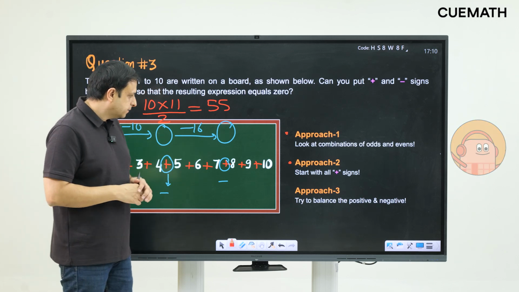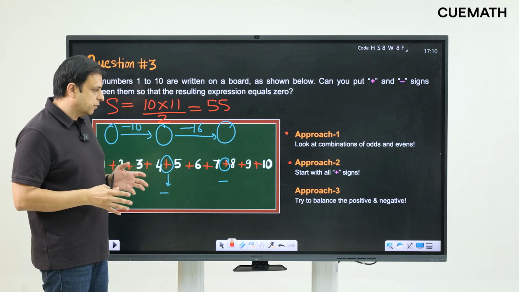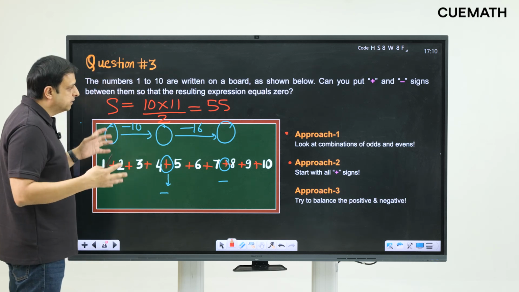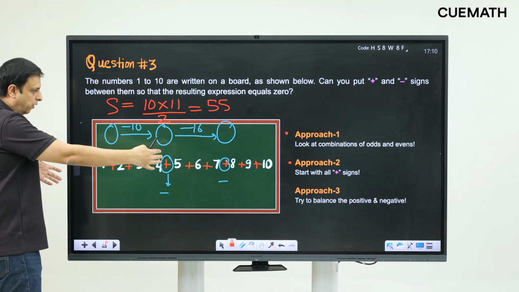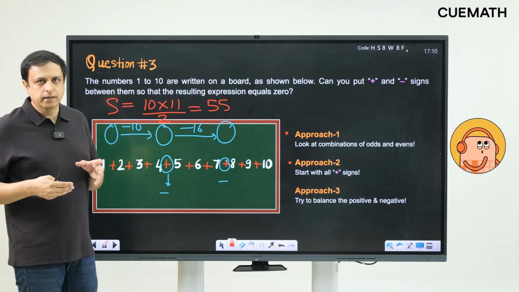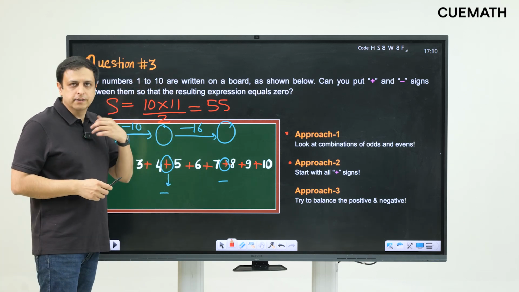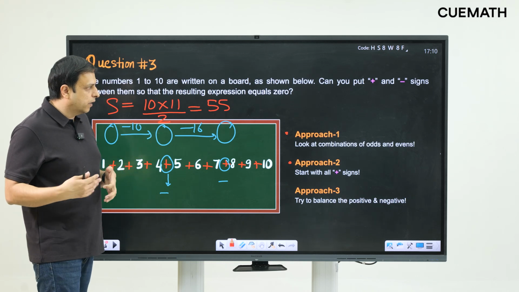And then approach 3 is you just try to balance the positives and negatives. So what does that mean? Well, you need a 0 as a result of whatever signs you place here. So think about how you can get 0. Some of these numbers should contribute positively to the sum, and some should contribute negatively.